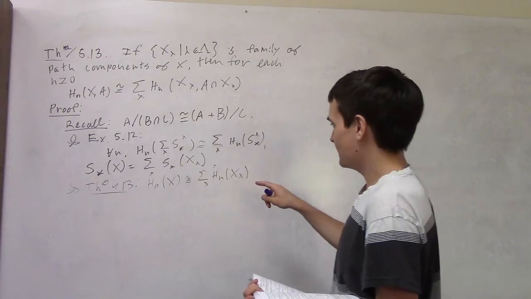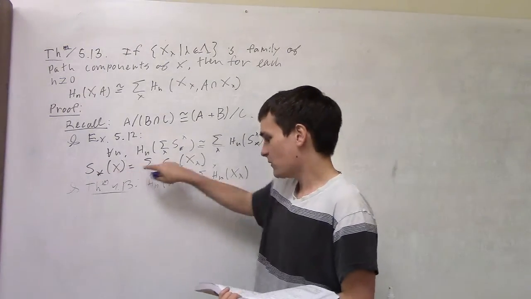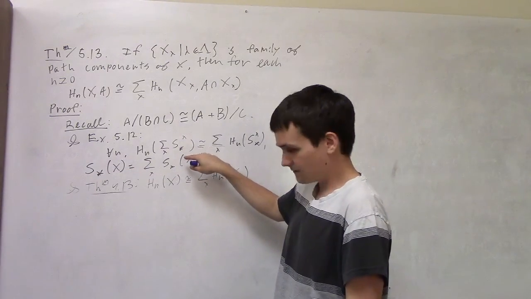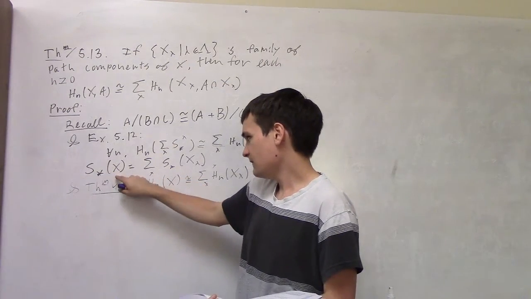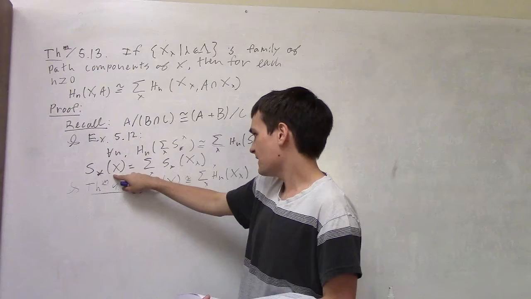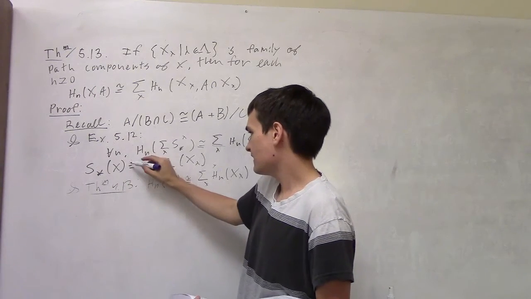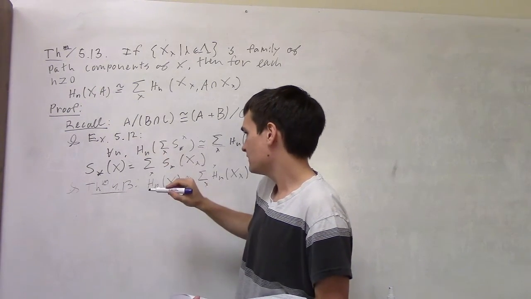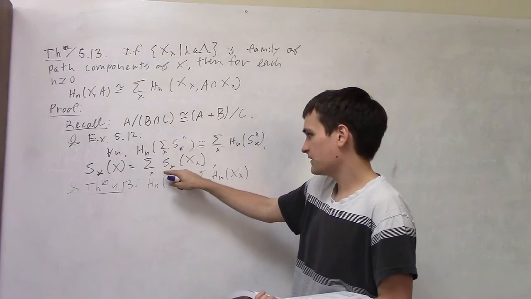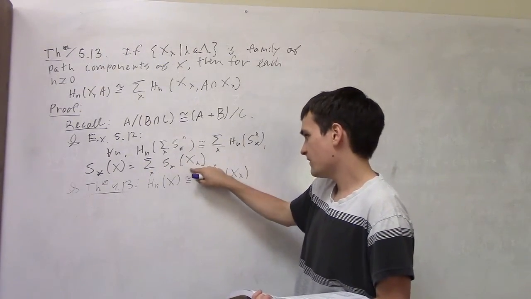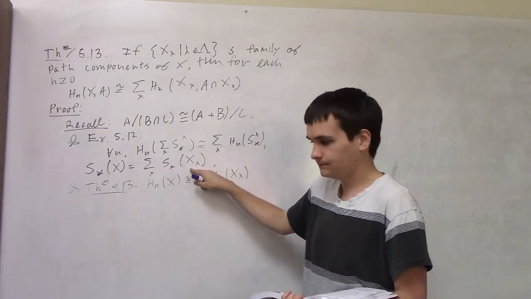But then you also need to use this from the beginning of page 91. If you have the singular complex of a space, it's isomorphic to the direct sum over the singular complexes of its path components.